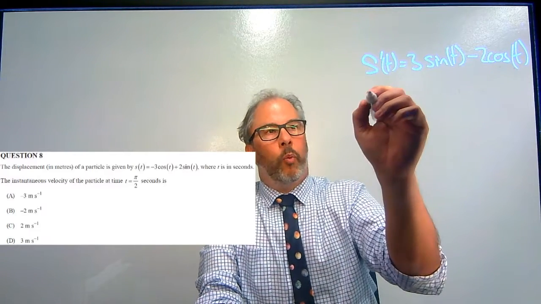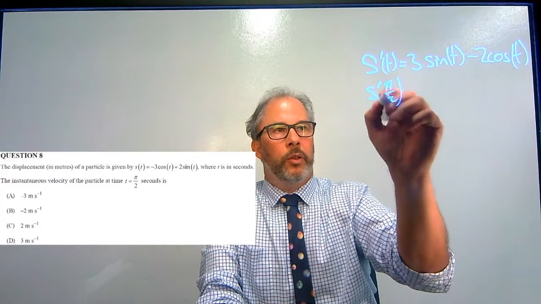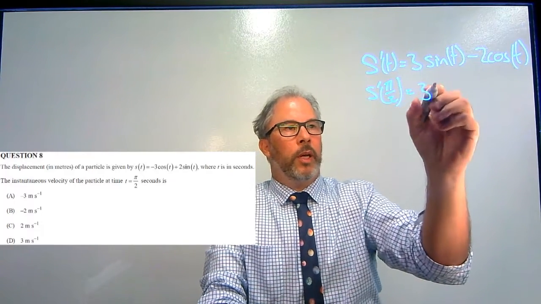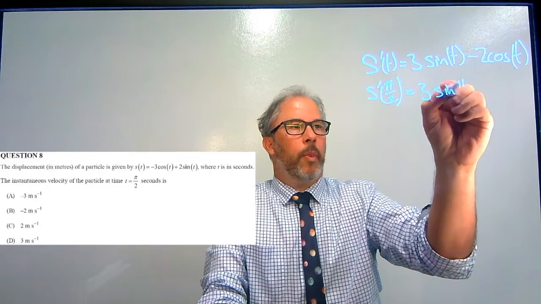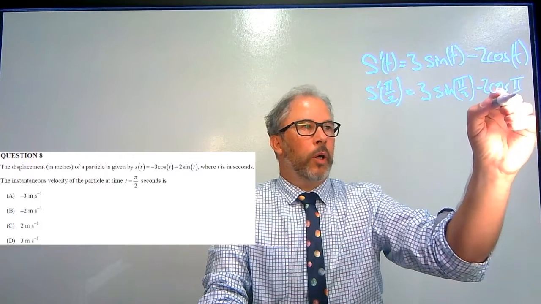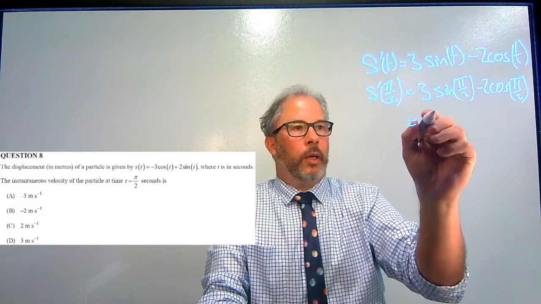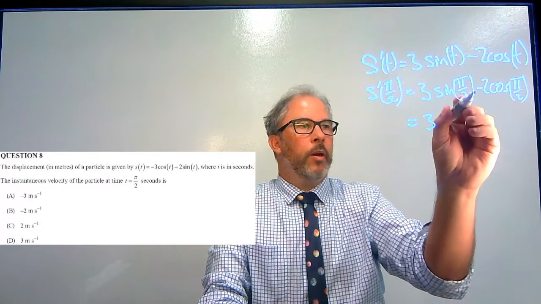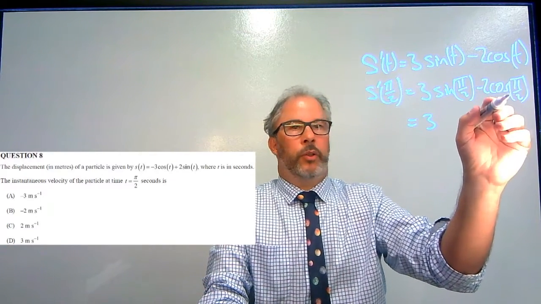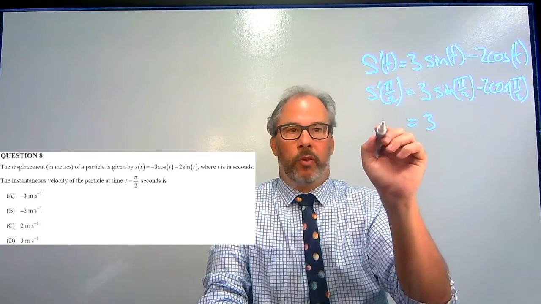Now, when t is equal to pi on 2, I'm going to get 3 sine pi on 2 minus 2 cos pi on 2. So that's going to be 3 times 1, which is just 3, minus 2 cos pi on 2, which is 0. So that's just going to give me 3.